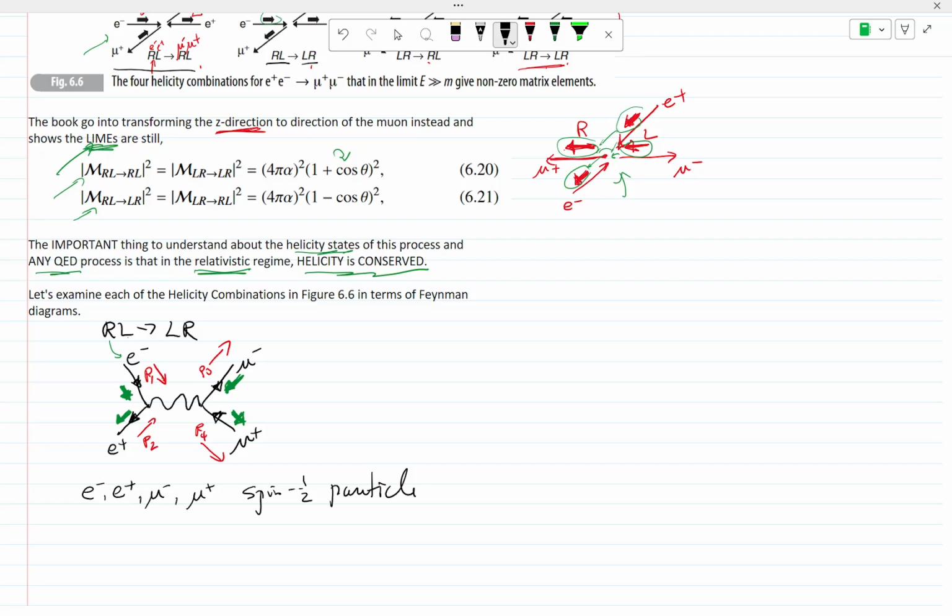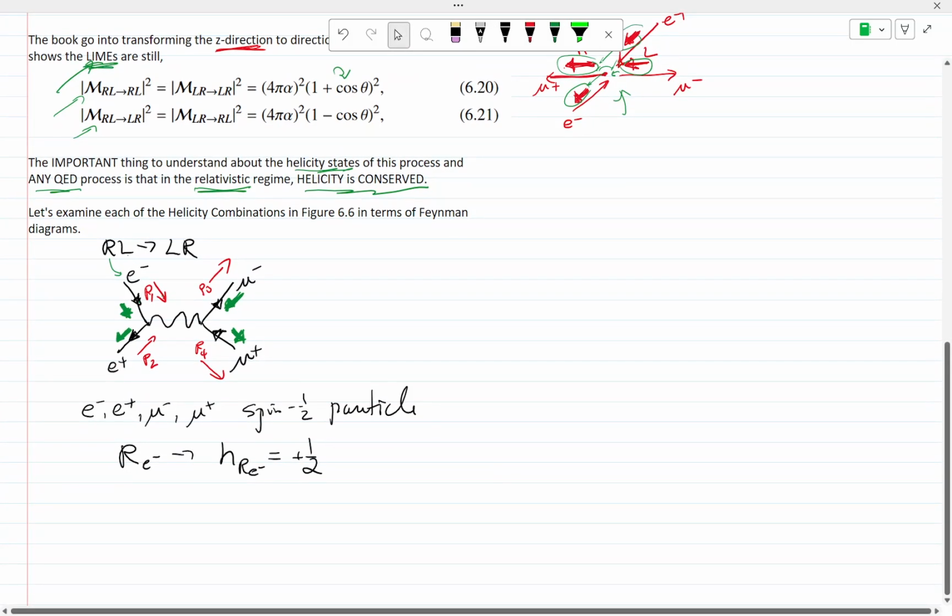So a right-handed electron will have a spin of 1/2, and since we normalize it with the momentum, the helicity of a right-handed electron actually has a value of positive 1/2.